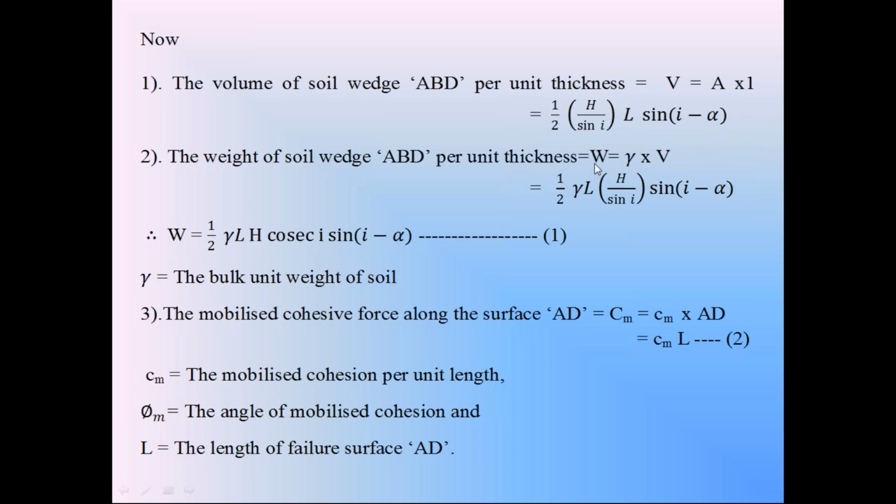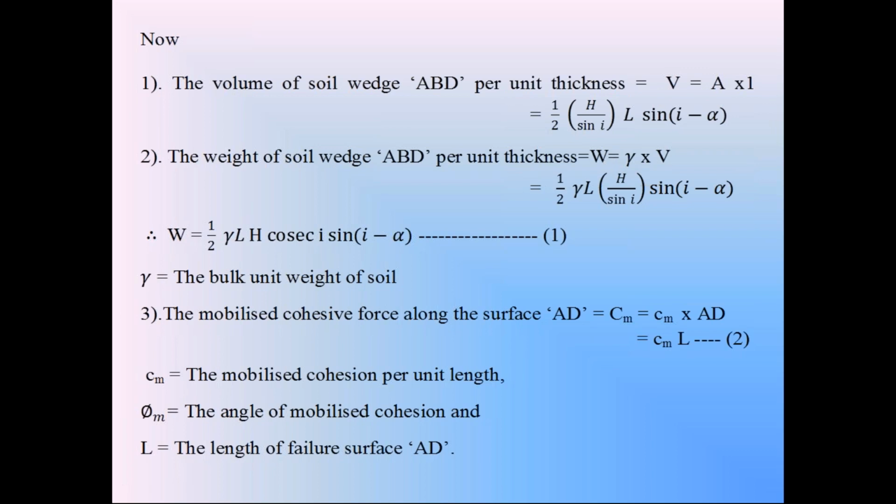Then the weight of the soil wedge W is equal to unit weight gamma into volume V. So W is equal to gamma into half into h by sin i into length L into sin(i minus alpha). This is the equation of the weight W of the soil wedge ABD.